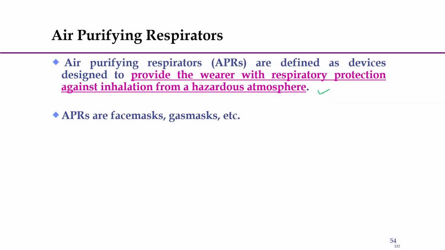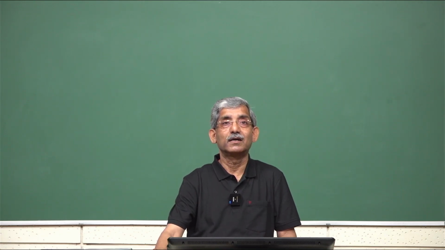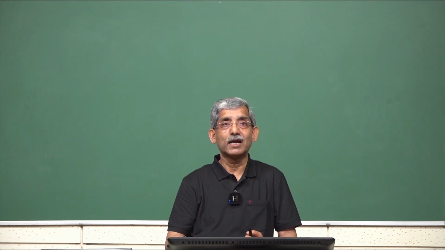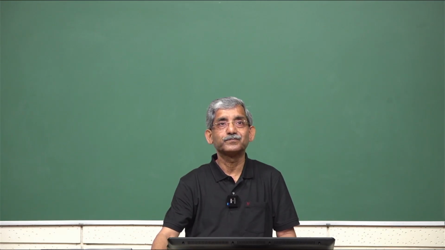It is used in face masks, gas masks. The face mask and all details, their construction, their different layers, how they are developed, and the historical development, we will all discuss in the next session.